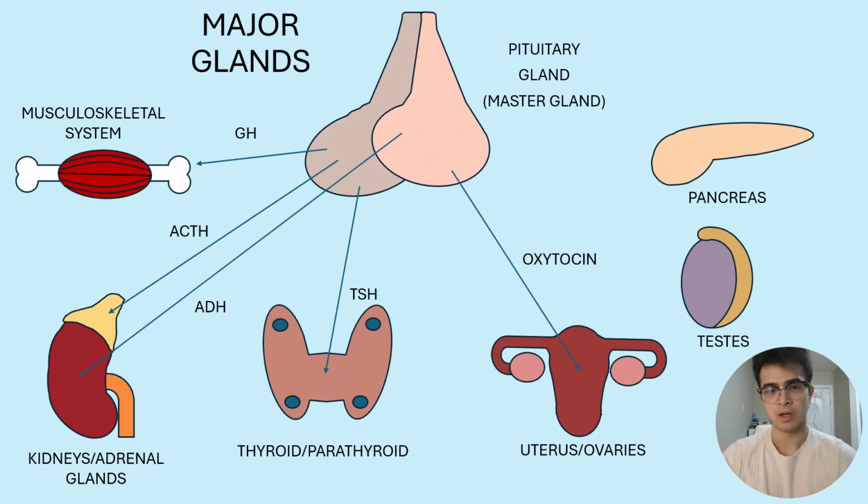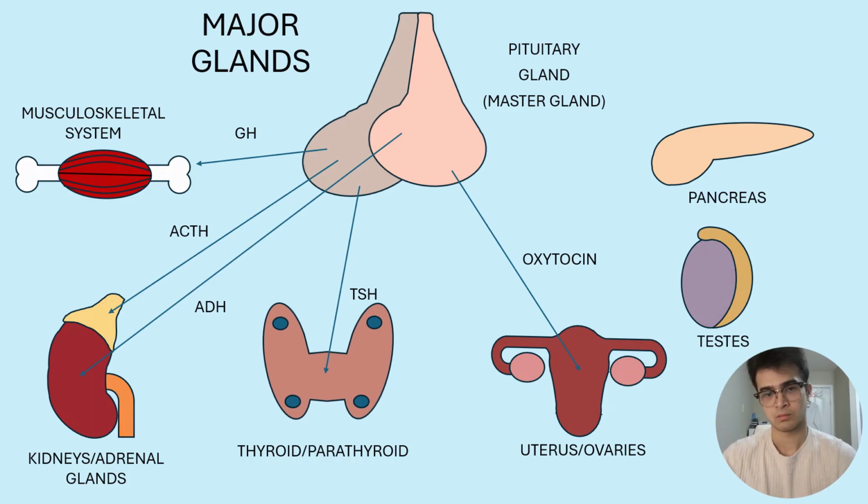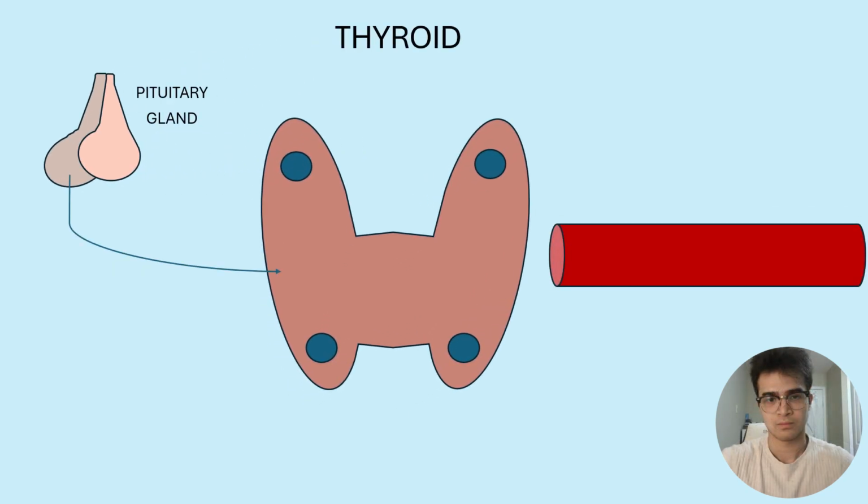Next is the thyroid and parathyroids. This is affected by TSH. So the thyroid sits in the front of your neck, right in front of your trachea. And there are also four small glands right behind it called the parathyroid glands.